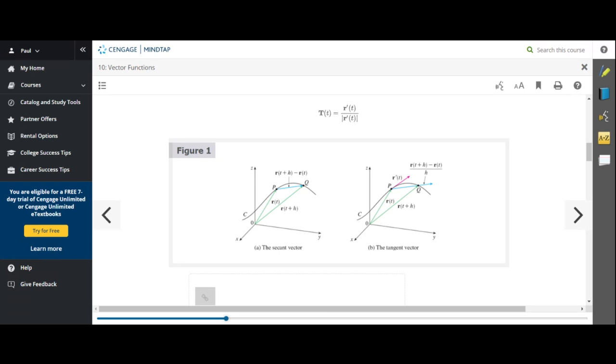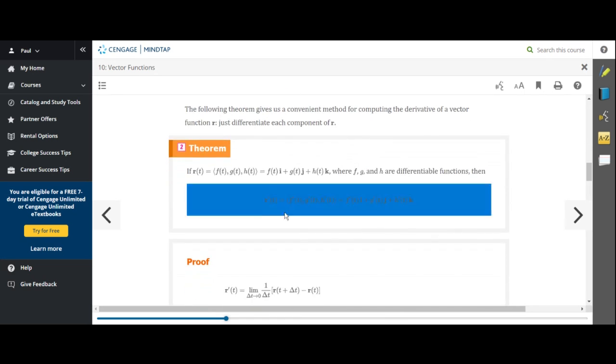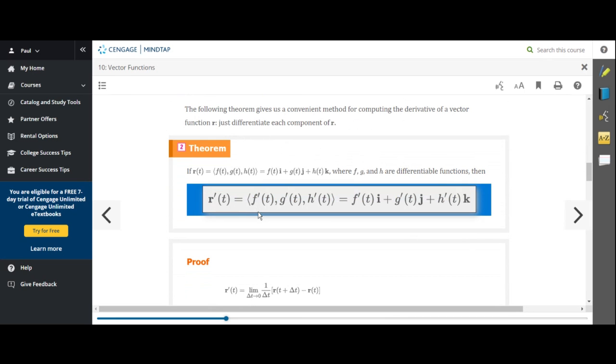So let's see if we can be comfortable with that. Let's talk a little bit more about this tangent vector. First, how do you find the tangent of your position vector? Well, the position vector, which is your space curve, r of t, you know your component functions, f of t, g of t, and h of t.